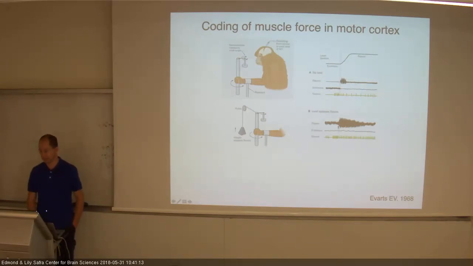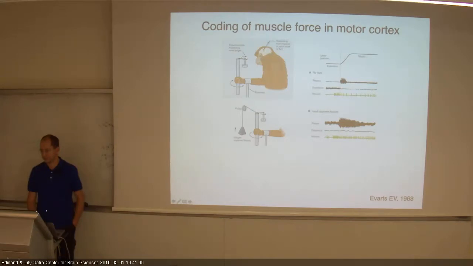In this case, what he found is that there's much more activity. First, let's look at the muscles. There's already flexion before, because this is against the power of the weight. So the flexor is already active. Even before the movement there's some firing rate, as opposed to before when there was none. Then during the movement, you see much more force, and again much more activity of the neuron.